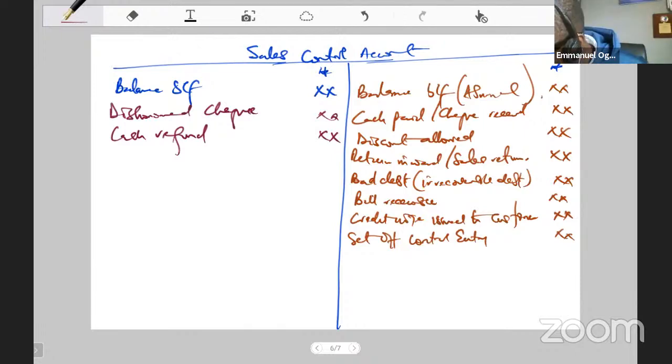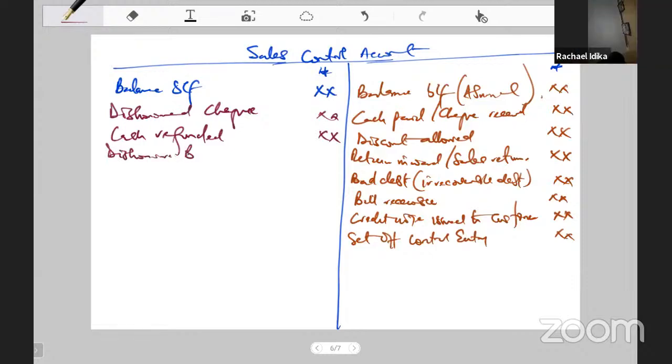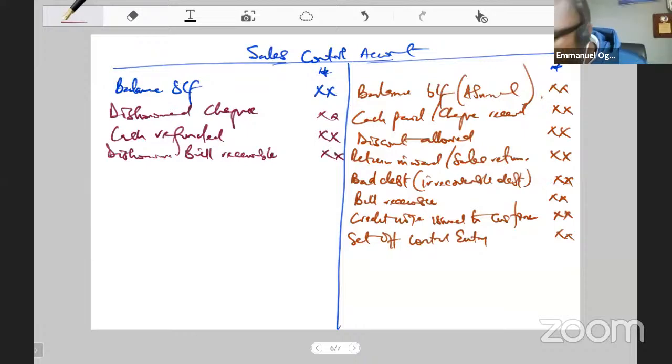You can also have a situation where you have what is called dishonored bill receivable. If a bill has been issued before, it can be dishonored. Somebody has informed me that please, I am not going to pay you.